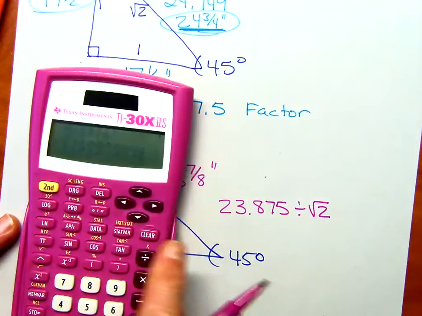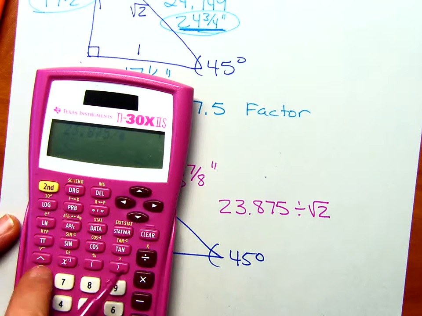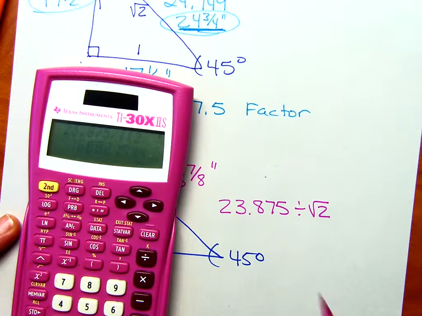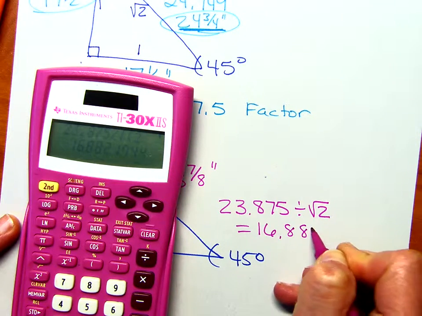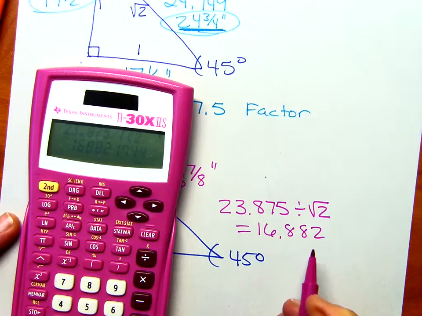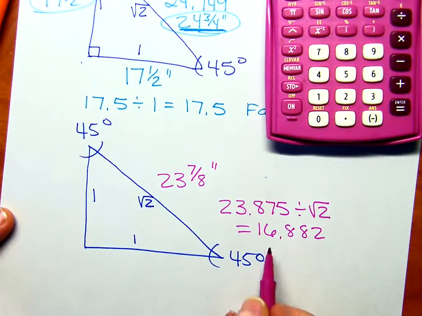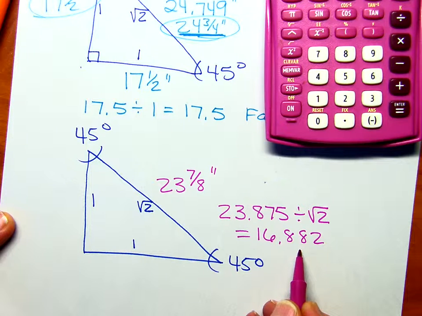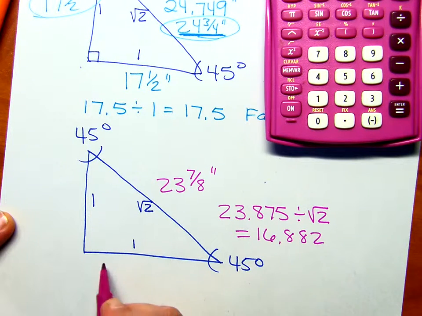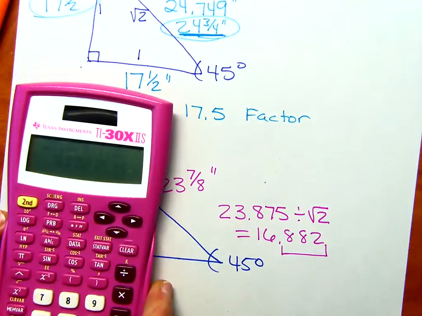Okay, and let's get out the calculator. And we're left with 16.8821744. So I'm going to round to 3 places. And because this number times 1 is going to give me this number, this is my answer basically for A and B. So I'm going to go ahead and just convert this to the nearest 16th.